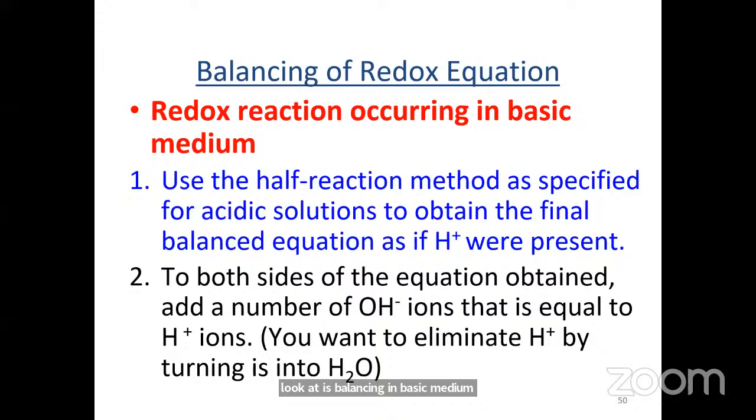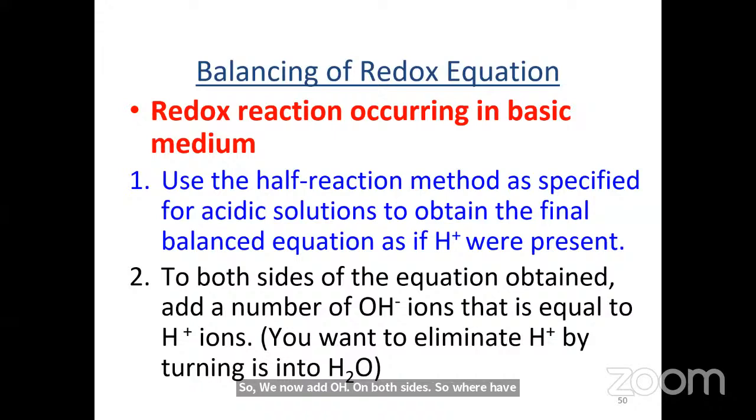So, just like we did in the case of acidic medium, we use the half equation until we get to the point where we introduce hydrogen ion. Now, because it is in basic medium, we want to get rid of that hydrogen ion. So we will now add OH- on both sides.